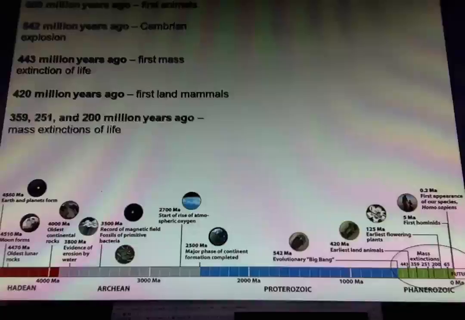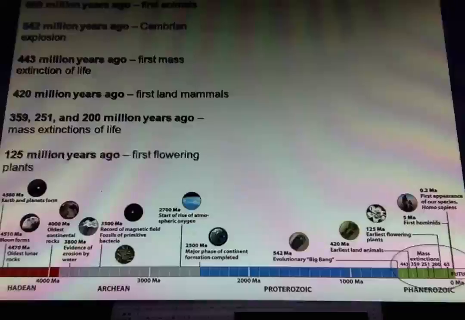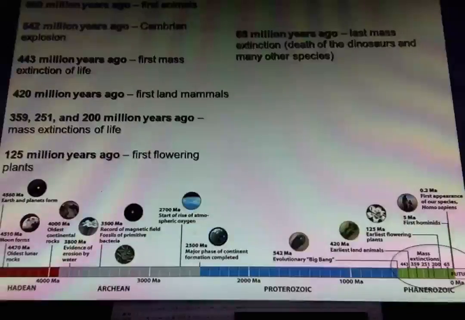Again, huge differences between the types of fossils, plants and animals, from one layer to the next layer. 125 million years ago, our first flowering plants. 65 million years ago, one that you all probably know of, another mass extinction, and the last mass extinction that the planet encountered.